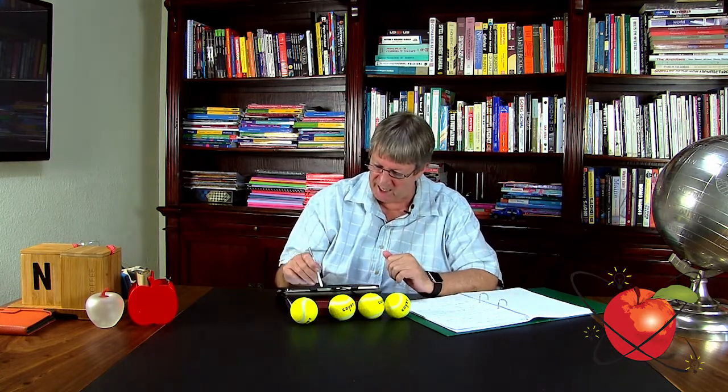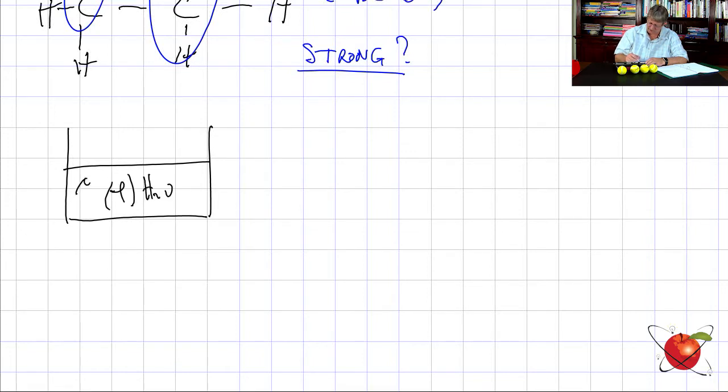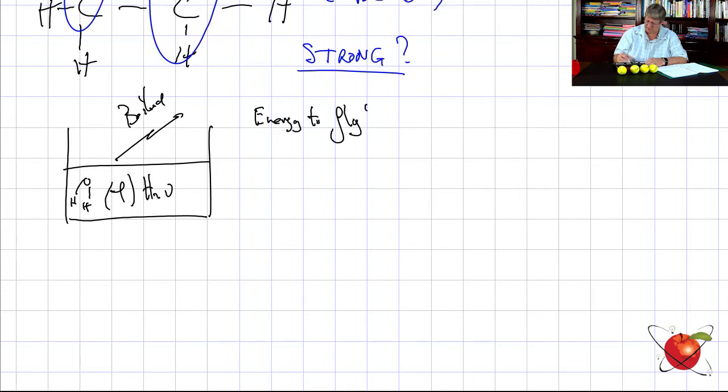Remember with water, what did we do? We put enough energy in to convert a water molecule from a liquid to a gas. Remember? Okay, here we go. Here's our liquid, H2O, and we had our little guy there. And when it boiled, we gave it enough energy to fly.